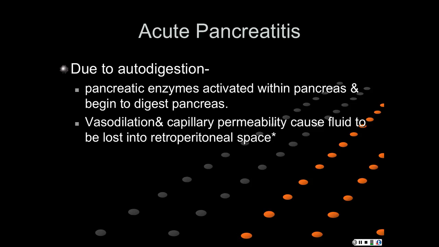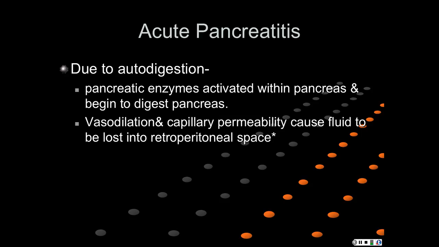Acute pancreatitis is an inflammation. It's usually painful and it's due to autodigestion. What happens is the pancreatic enzymes are activated within the pancreas and they begin to digest the pancreas because it's a protein. If you remember, the pancreatic enzymes deal with protein digestion. So if for some unknown reason they are released within the pancreas itself, they can start breaking it down.